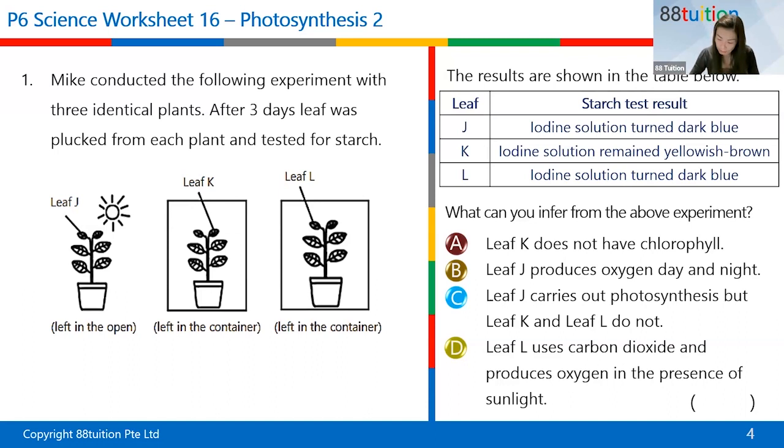Did you see that for L, iodine solution also turned dark blue? When you chose option C, I'd be thinking, did you read the results carefully? How come you only said that J carries out photosynthesis, but leaf L does not? I mean, K and L do not. Nabil, you get what I'm saying?